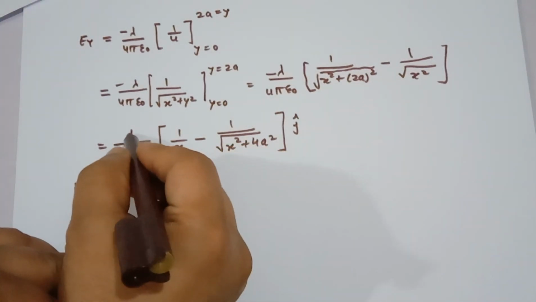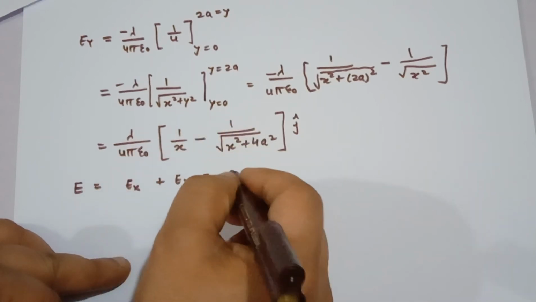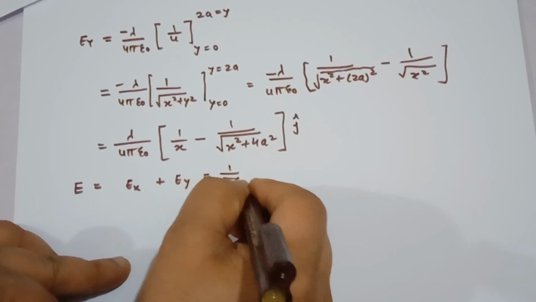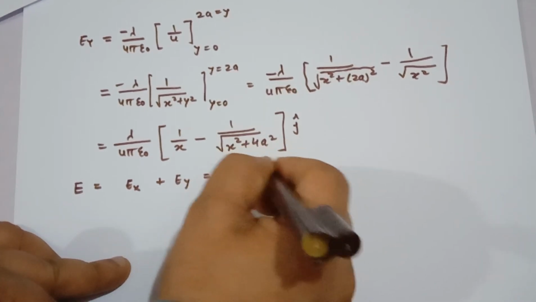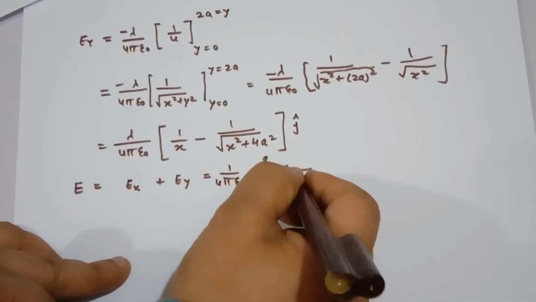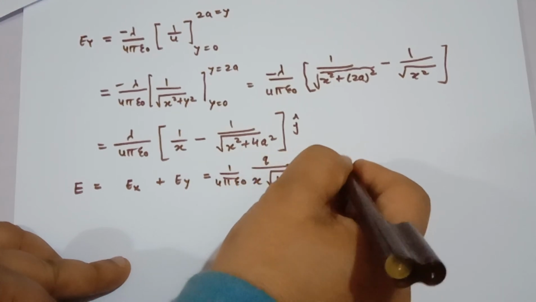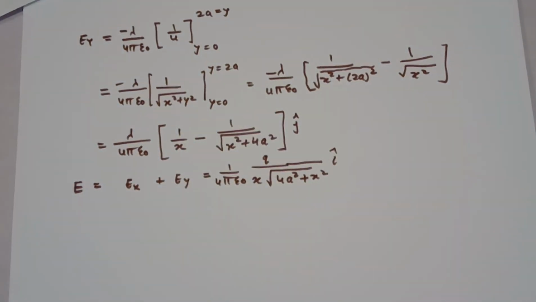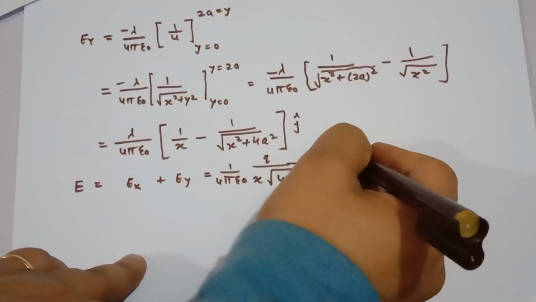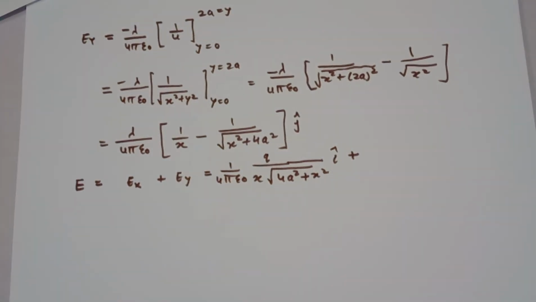okay. Also this lambda can be replaced by q upon 2a, right? So I'm just writing here 1 by 4 pi epsilon naught, q divided by x, then 4 times a square plus x square, and that is my i term. And then I can write the j term, which is this one, and lambda can be written as q upon 2a.